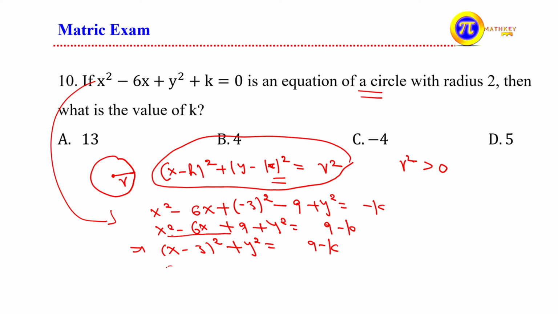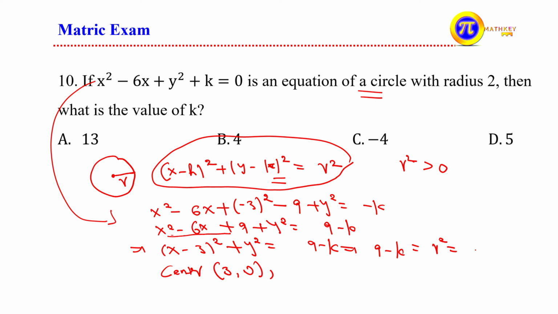So the center from this one is what? The center is (3, 0), since the y component is 0. But it says the radius is 2. What is that? This 9 minus k is equal to what? r squared.